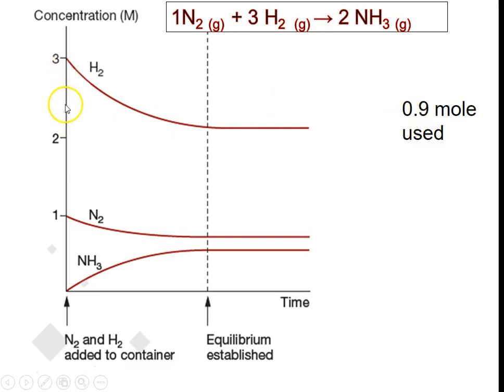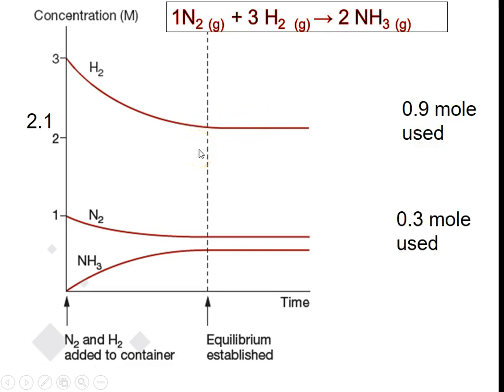So we can just use these numbers as moles just for this example. So you've used 0.9 moles, so it's gone down to 2.1 moles, which is 2.1 moles per litre. If we're drawing the line, you need to work out when equilibrium is reached and bring that line in an even curve down to here, and then from that point on it'll be flat at equilibrium.